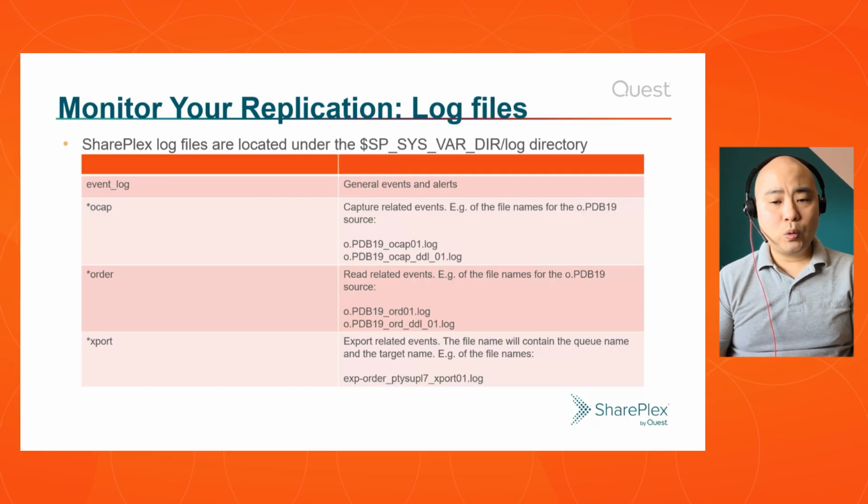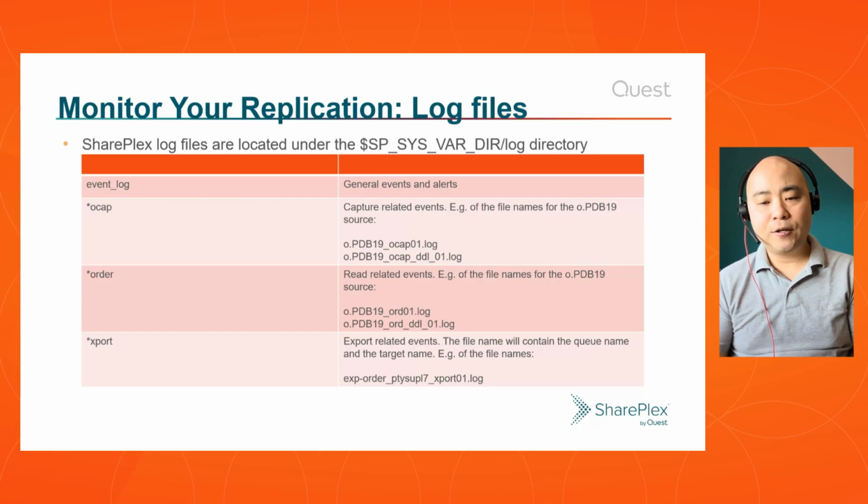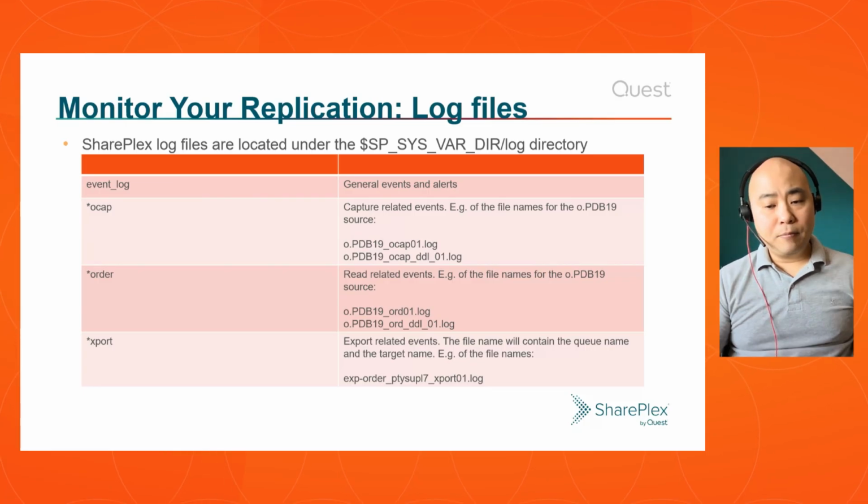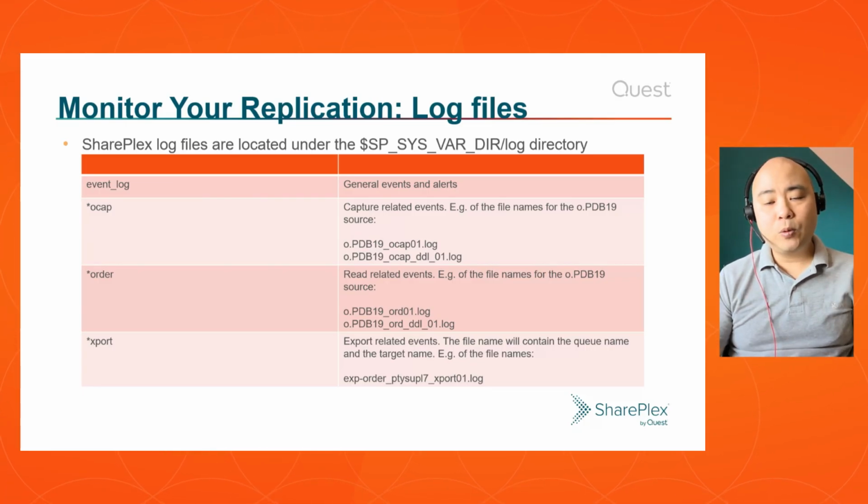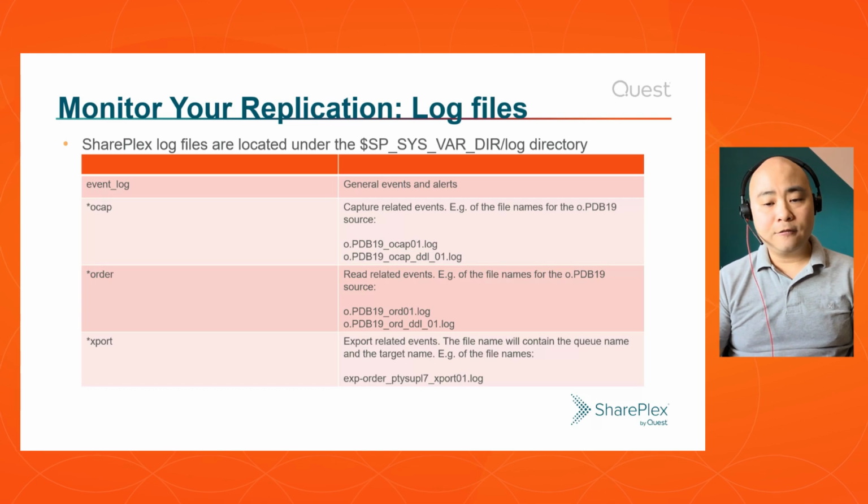The event log will have the general events. It will show if a process starts up, if a process crashes, or if a process stops because of an error. Even if a process core dumps, it will show in the event log.